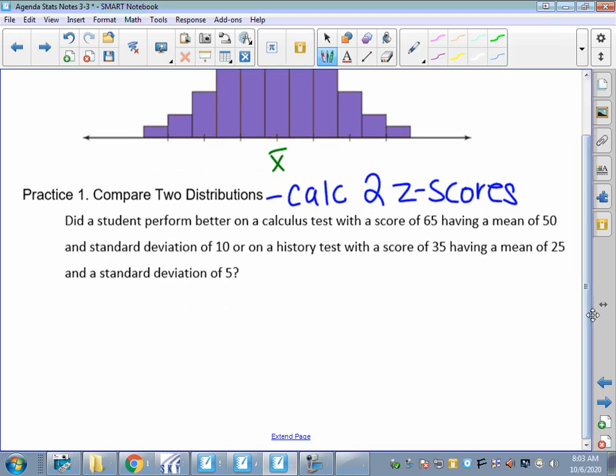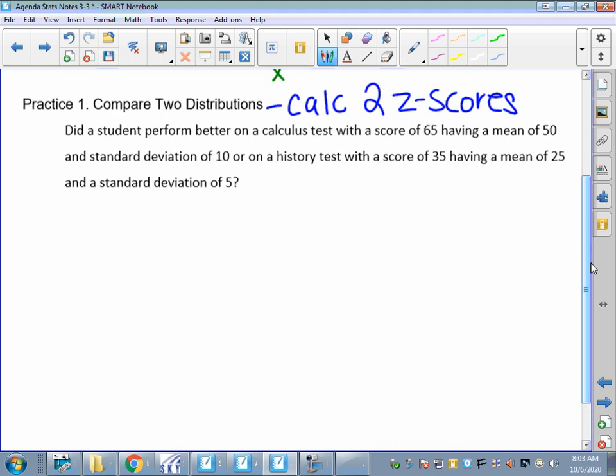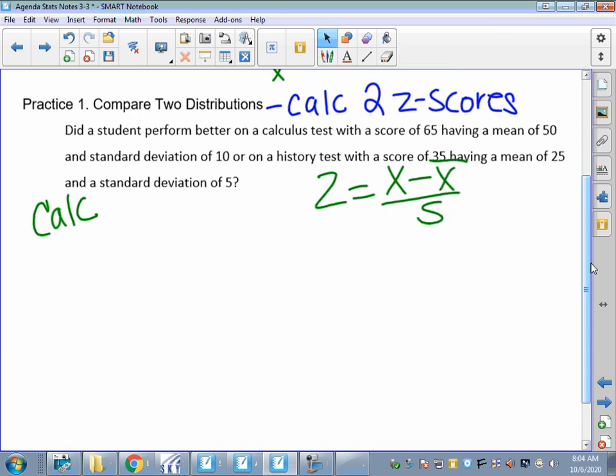So let's do our calc test first. Remember our formula is x minus x bar over the standard deviation. I should have given you all of that information in the first part of the sentence. The calc test, they had a score of 65. So that's our x.